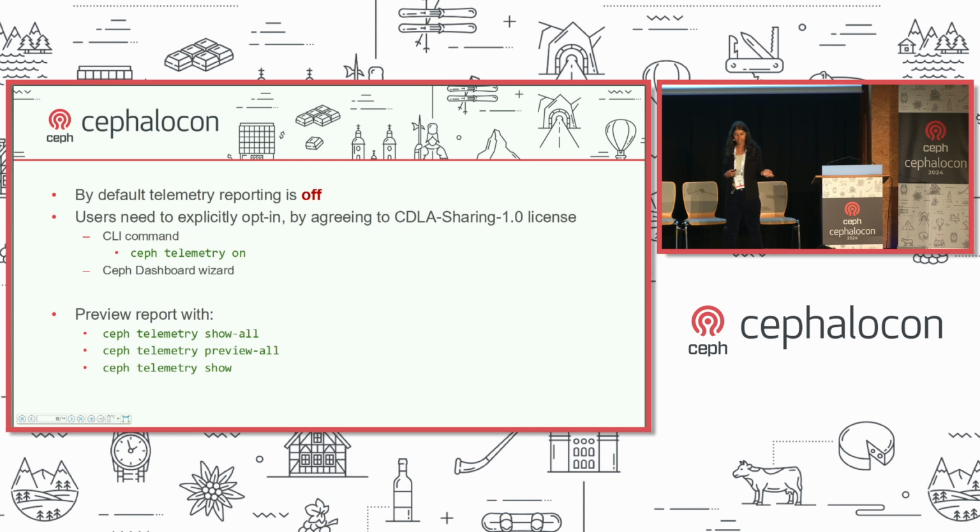If you're already opted in, you can just run ceph telemetry show-all, and it will show you all the cluster data that we collect and the device health metrics that we collect. And then you can use ceph telemetry show to see just the cluster data, or you can even specify a certain channel to see just that data.